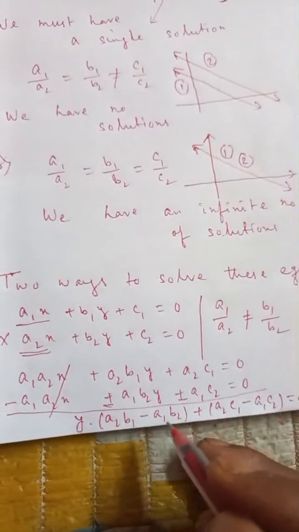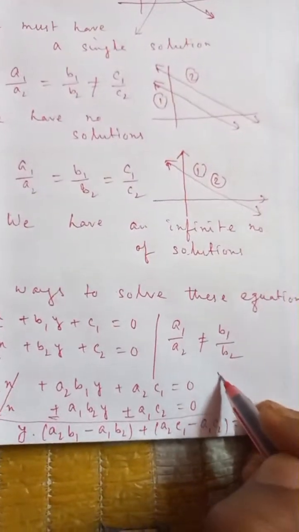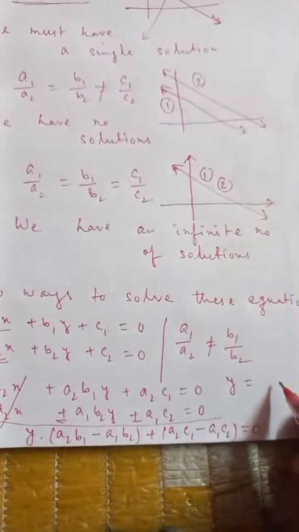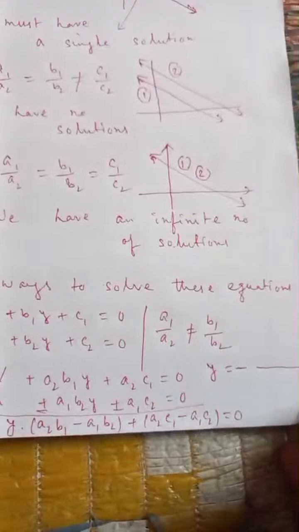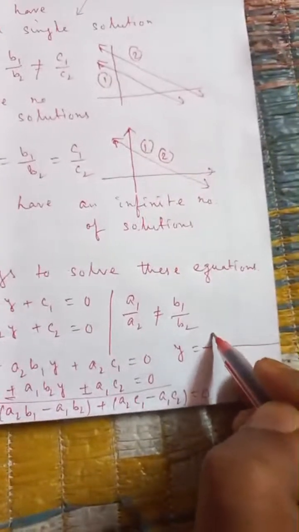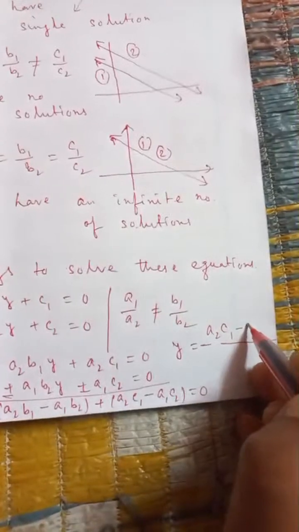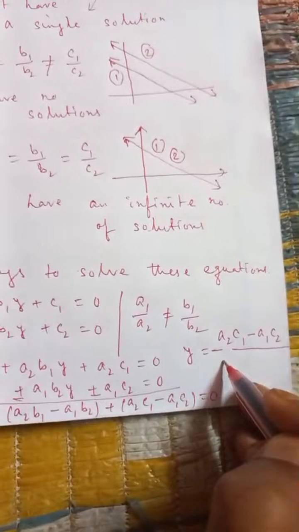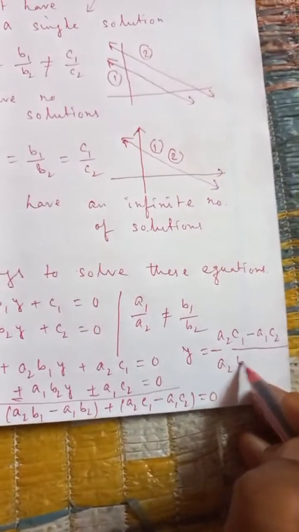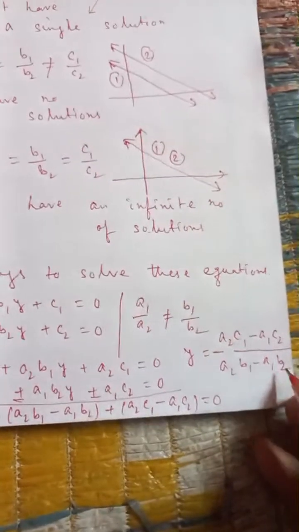So from this we can find y. Here y will be minus (a2c1 minus a1c2) by (a2b1 minus a1b2).